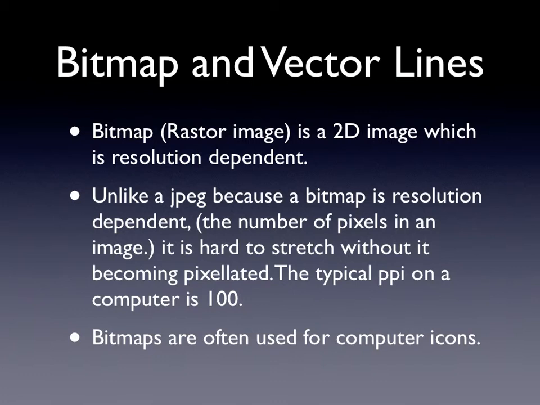A bitmap image is resolution dependent, which means it's dependent on the resolution and how many pixels per inch your computer screen can pack in. The average computer packs in about 100, and so basically if it stretches past that limit, the bitmap will become extremely pixelated and it won't be good at all. So that's a little bit on bitmaps.